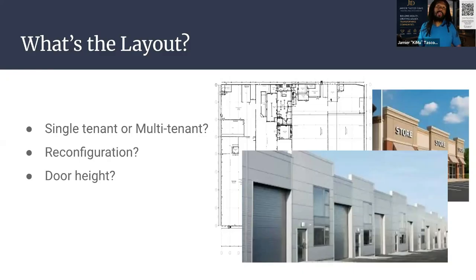I actually talked to someone, he worked in a warehouse. I worked in a warehouse when I was in Atlanta. I worked for FedEx. And when that truck backs up and it cannot fit in the door, that's a problem. That's not just a problem for the people who are going to be loading the truck.